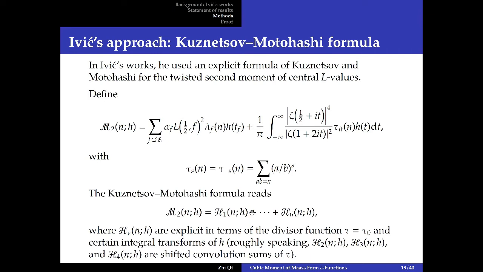Then Kuznetsov proved this identity, and actually he has some errors in his proof, and Motohashi fixed this in his book, his spectral theory of the Riemann zeta function book.